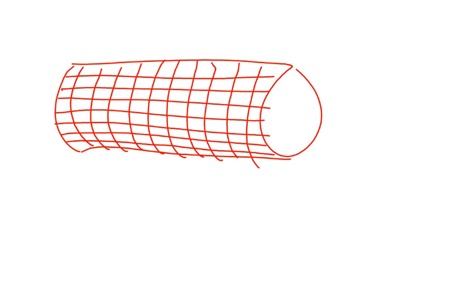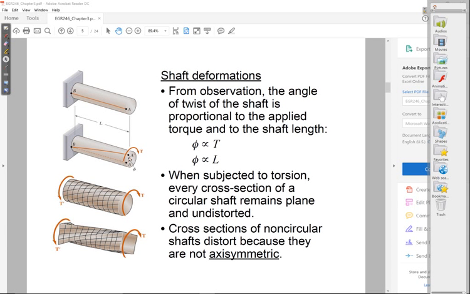So angles change. Squares become sort of diamond-shaped when there's a shear stress. So if you go ahead and apply a torque on this shaft, what happens to that grid? What happens to all the squares that make up the grid? I think it's pretty obvious that you can see all the squares lose their right angles.